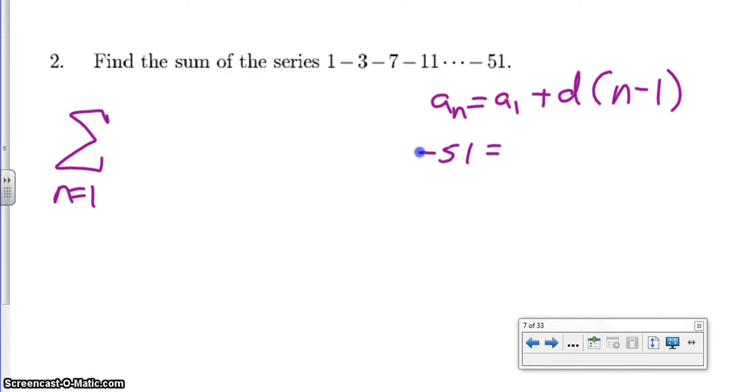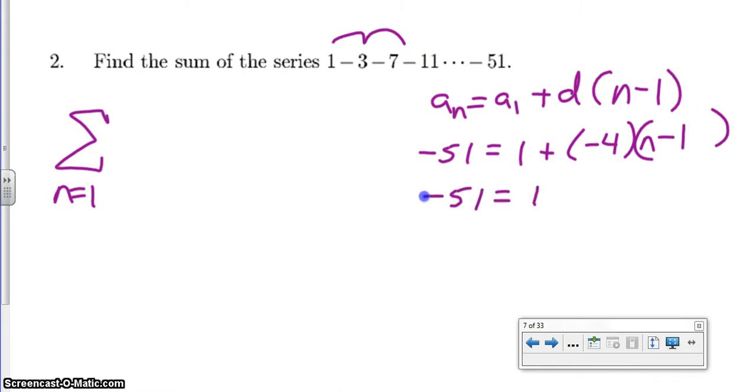Negative 51 is equal to 1 plus the common difference. Well, the common difference is negative 4 times n minus 1. Put that in parentheses. Don't forget that. That's very important. Negative 51 is 1 minus 4n plus 4. And so negative 51 is equal to negative 4n plus 5.